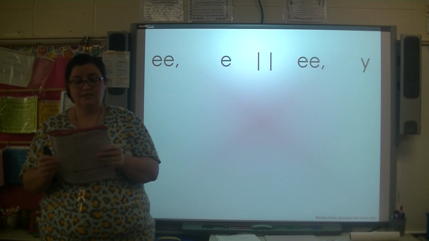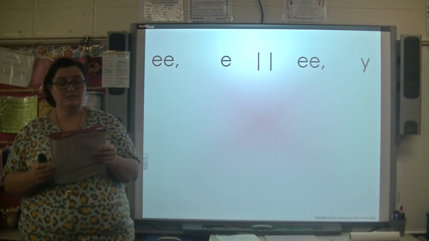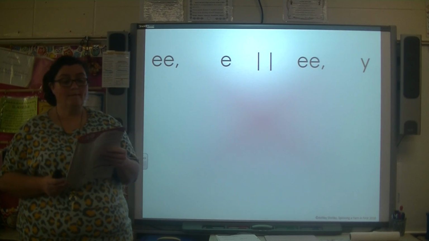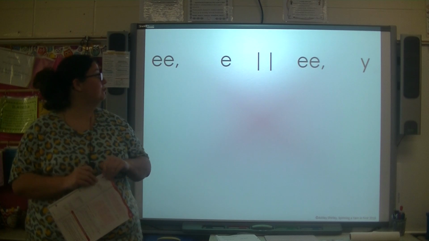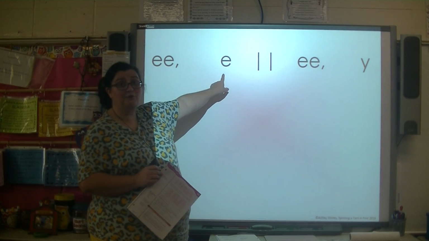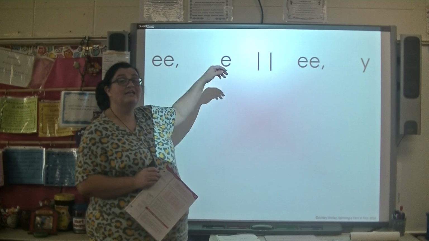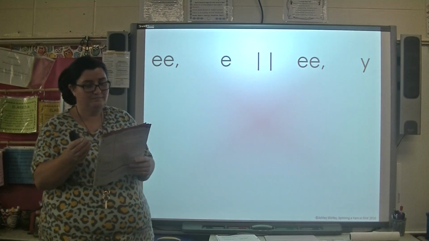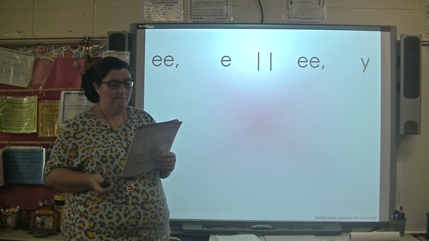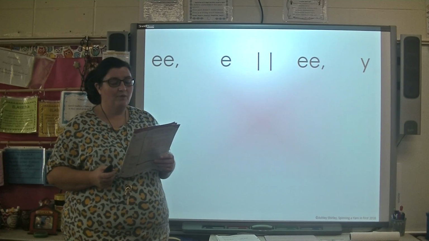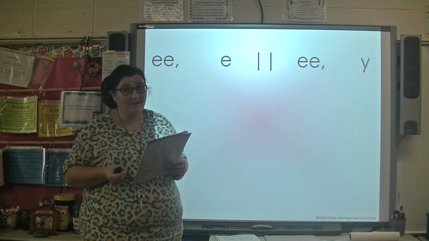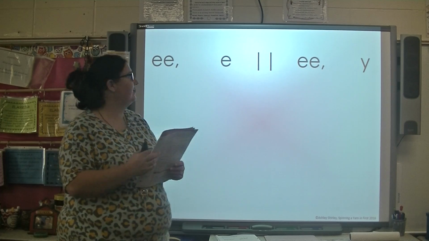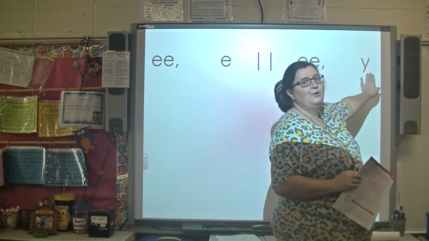In two-syllable words, when the long E sound is in the initial or medial position, it's usually E with a macron. It's usually at the end of a syllable. It's going to be E with a macron. And then when the long E sound is in the final position of a two-syllable word, it's going to be the vowel Y.